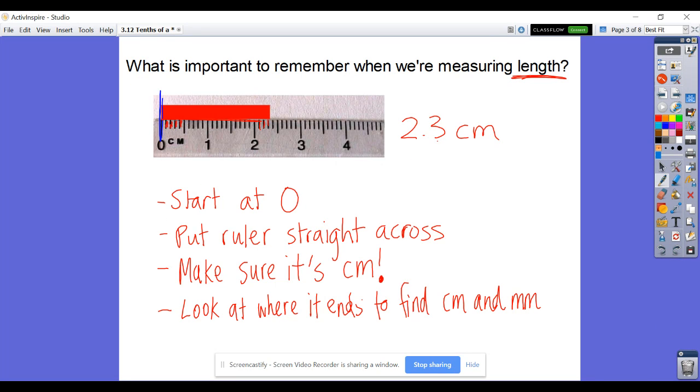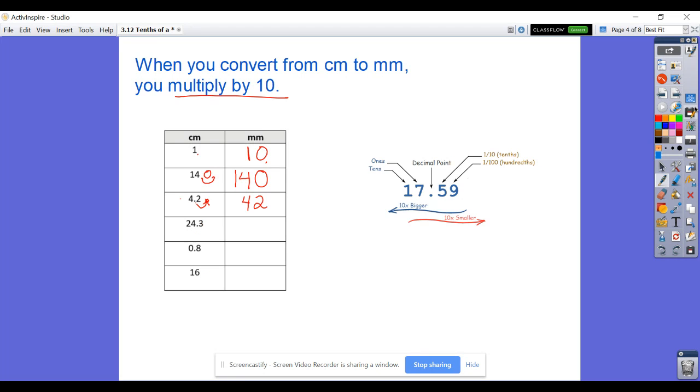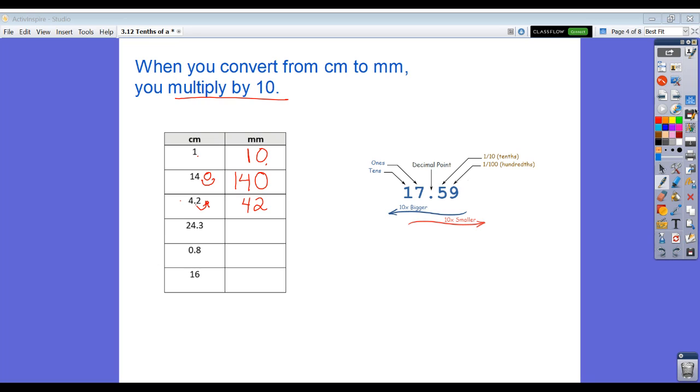And that kind of makes sense when you look back at our example here, how it was 2 and 3/10 of a centimeter, but if I had counted each one of these little teeny tiny millimeters, I won't do it all the way up, I would realize it would put me to 23 millimeters.